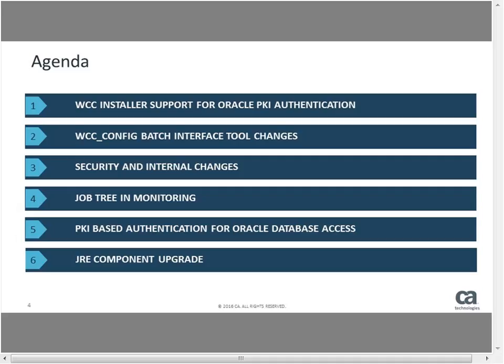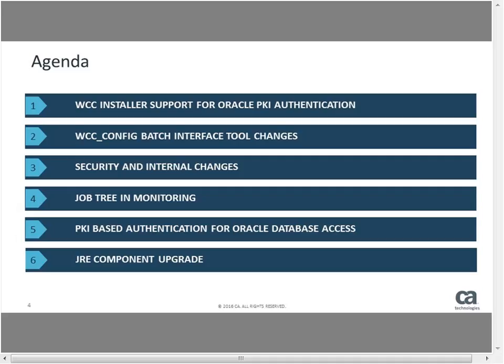Then we have a summary of what's changed on security and internal terms. And the 4th part will be a new UI element, job tree in monitoring. Points 5 and 6, we will get back to the Autosys team, and they will discuss what's new on the engine side.